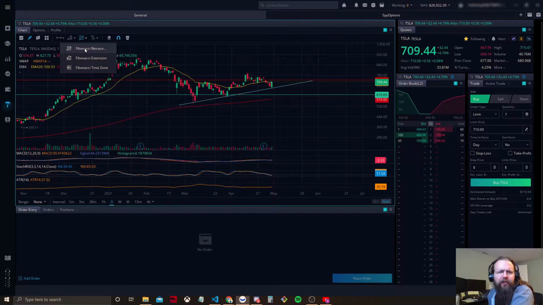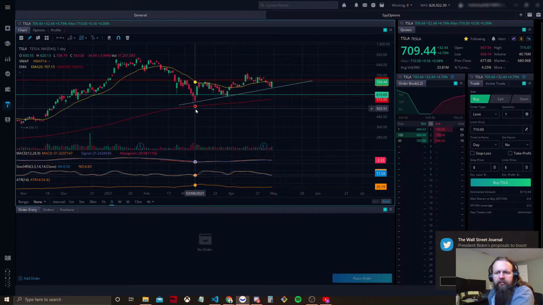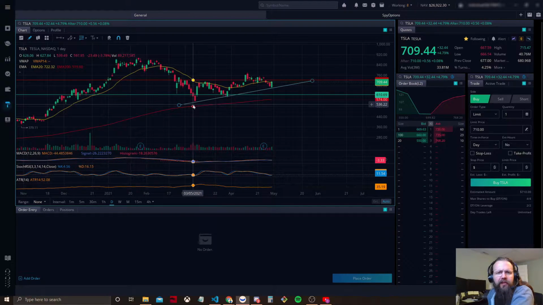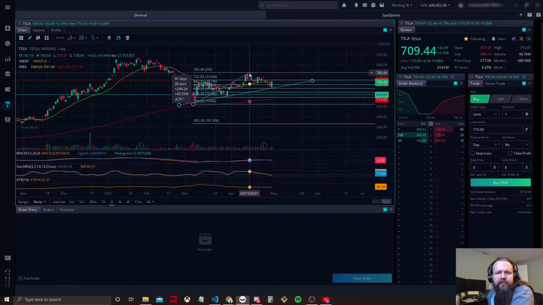So let's start with the retracement. The retracement can show you what might happen when a particular uptrend pulls back. You start at the bottom of the trend that you're following, and you pull it up to the top. Now, here's the top. You can choose that.